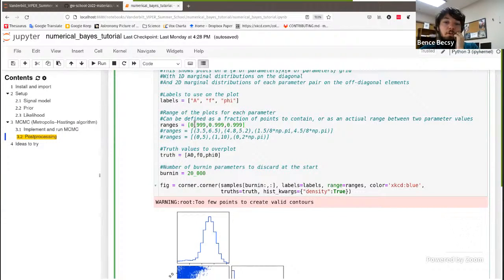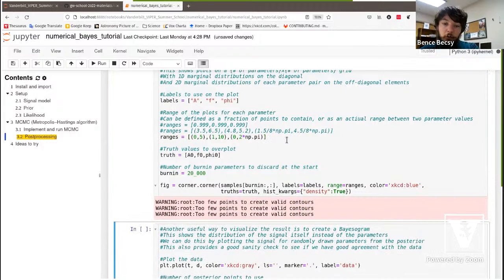When you just give a number for each parameter, it tries to pick a range so that it fits that fraction of all the samples within that range. But instead, we can plot this for the whole prior range. If you give these little tuples for each parameter, then it will use those as ranges.